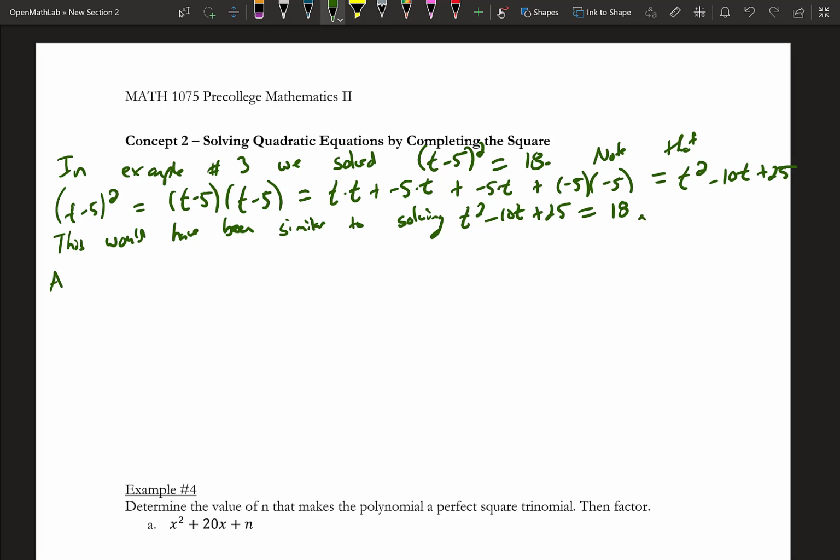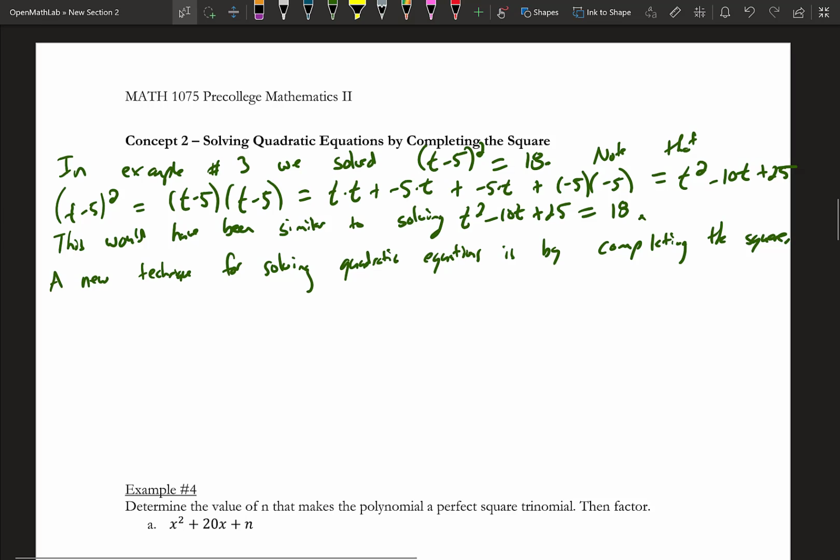So a new technique for solving quadratic equations is by completing the square. Right?